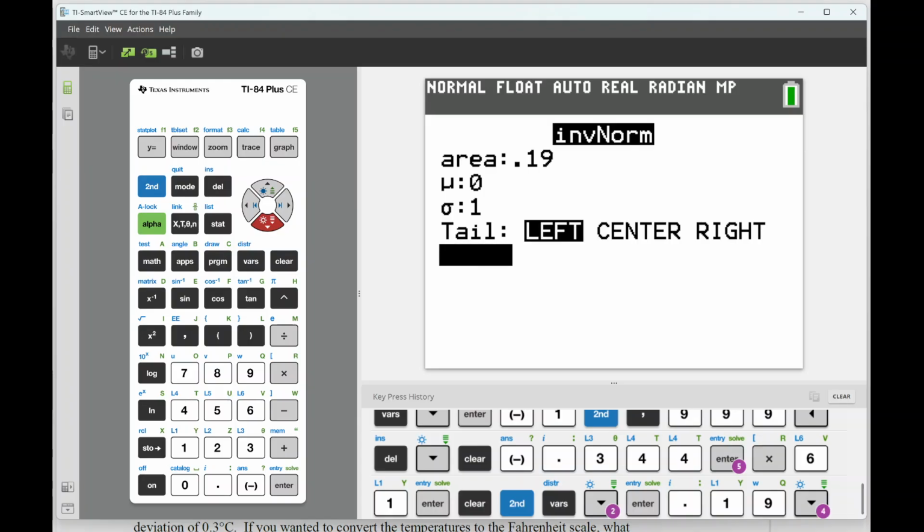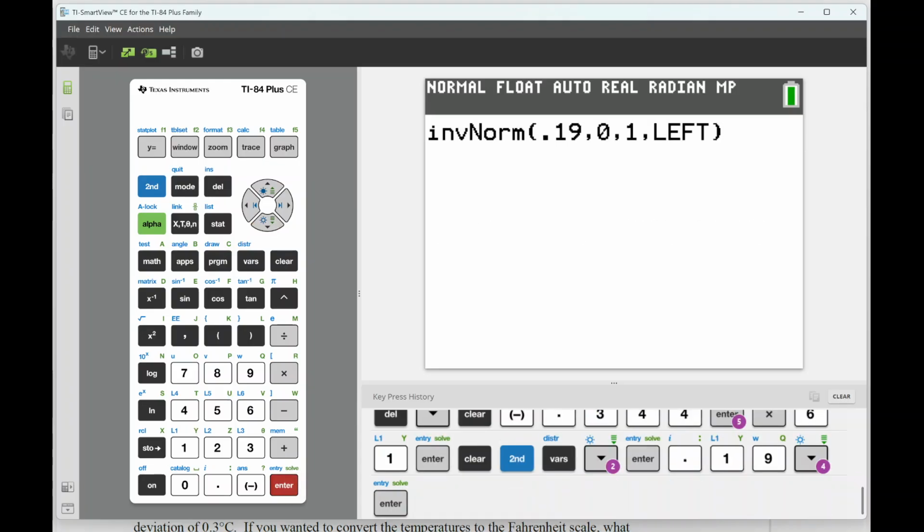That's what we're looking for anyway. So if it was the upper top 19%, you could switch this to a right, or you could take your area and just subtract it from 1. Okay. So there's our z-score that indicates the 19th percentile, -0.877 or -0.878 if we round.